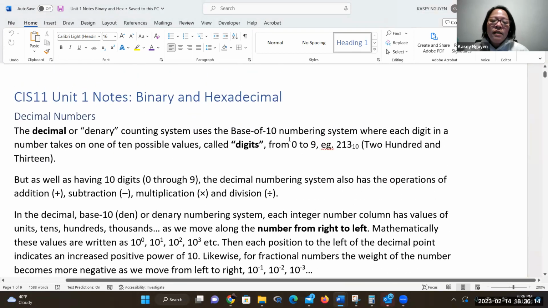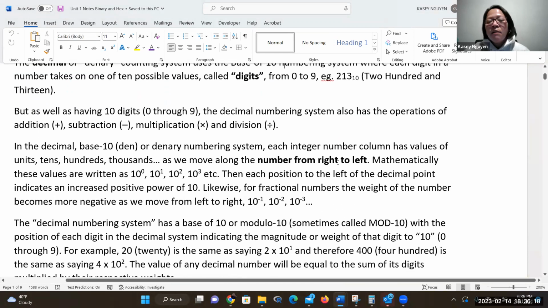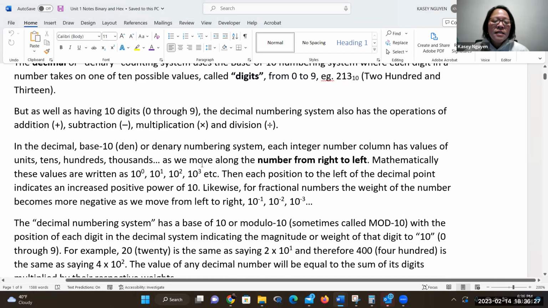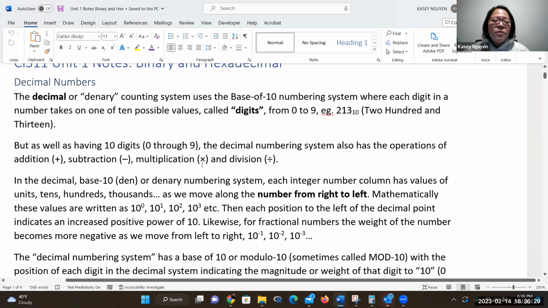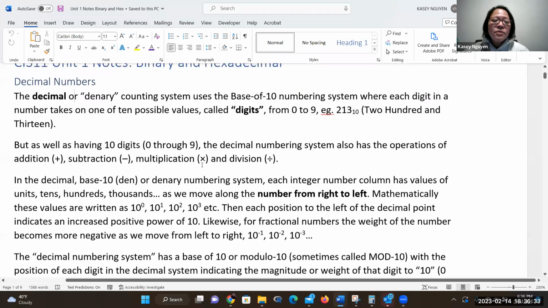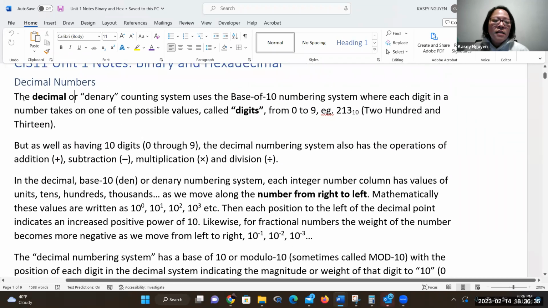And that's what we learn when we start learning math, when you're taking calculus or trigonometry. That's your decimal system, so that's base 10. And normally when people write this, sometimes they denote a small 10 underneath the number, so that shows you which number system they're using.